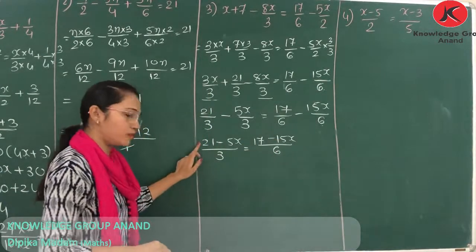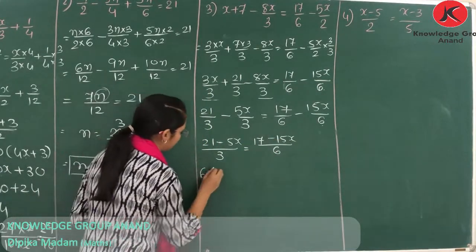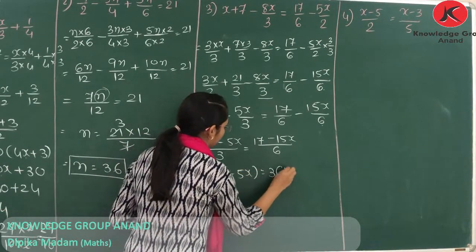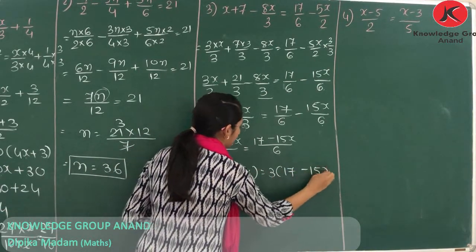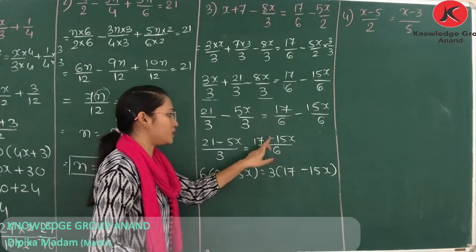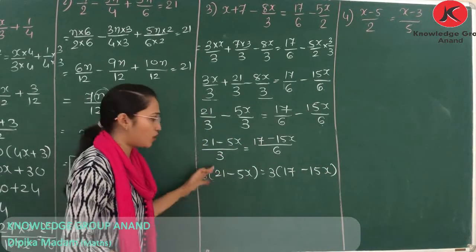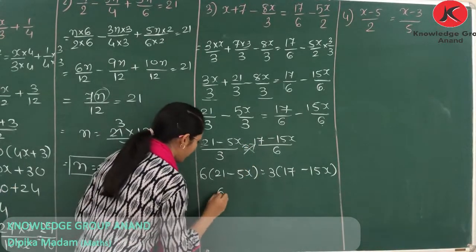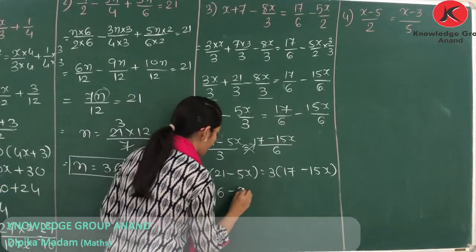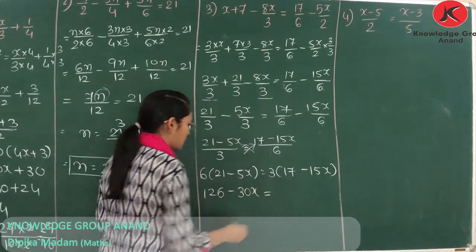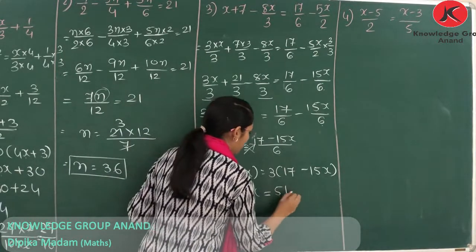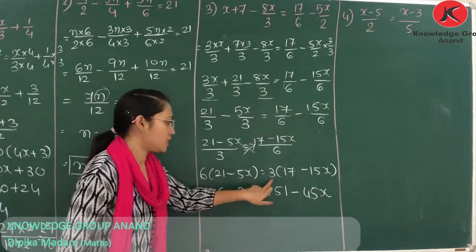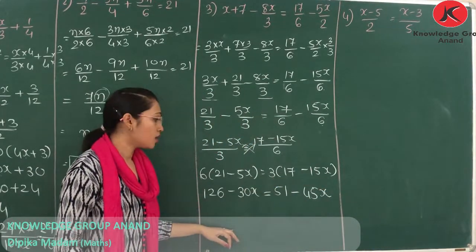6 will be in multiplication on this side, and 3 will be multiplication on right side, because cross multiplication. So open the bracket. 126 minus 30x is equal to 51 minus 45x. 3 is multiplied with both numbers in the bracket.